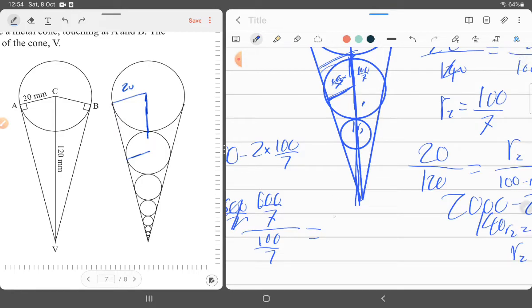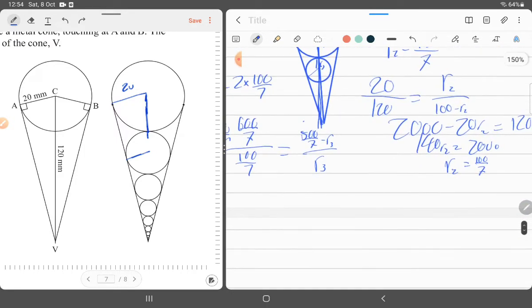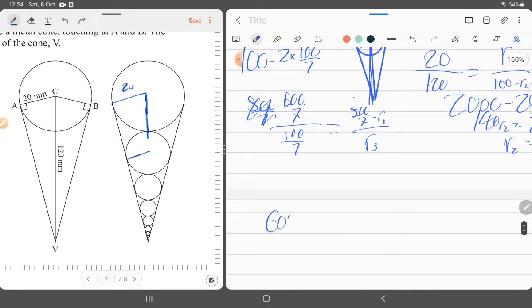then 5, 7 take away R3 over R3. I believe that is what. Okay, yeah, that is this. 600 R3 over 7 is equal to 100 over 7 brackets 500, 7 take away R3.